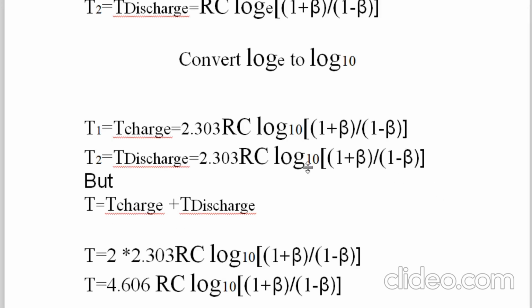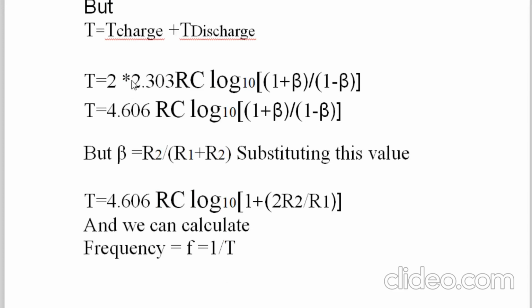Therefore, this is the X parameter and this is again the X parameter, so it will be 2X. So 2 times 2.303 RC log to the base 10 into bracket 1 plus beta divided by 1 minus beta. Simple mathematics, 2 into 2.303 is 4.606, and the same thing is here.